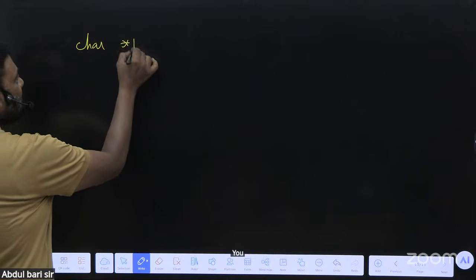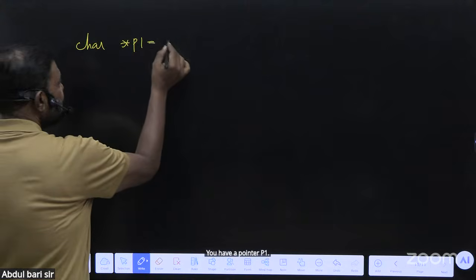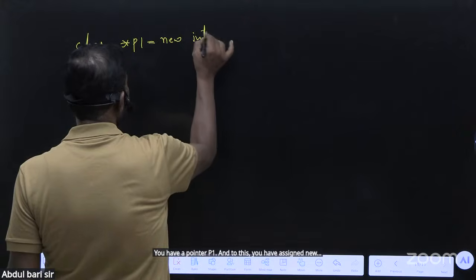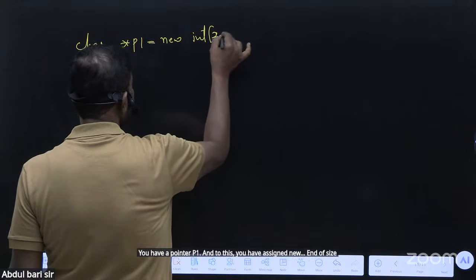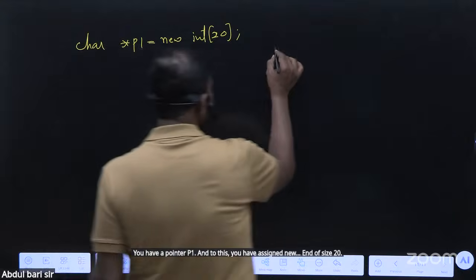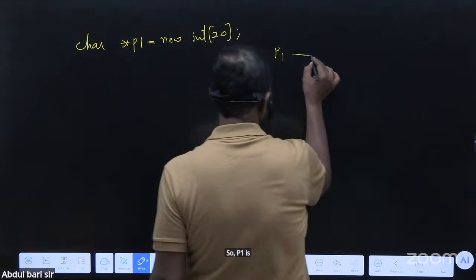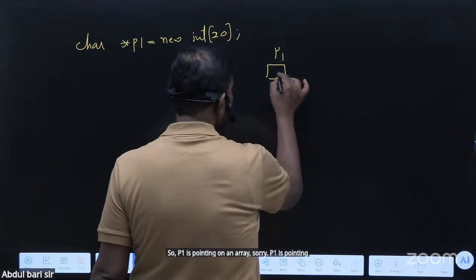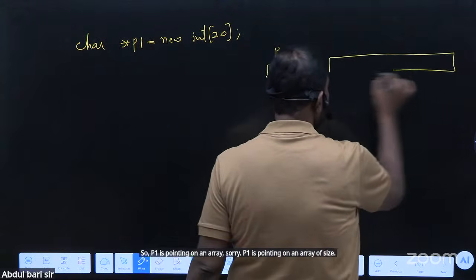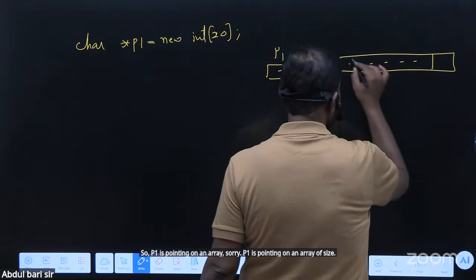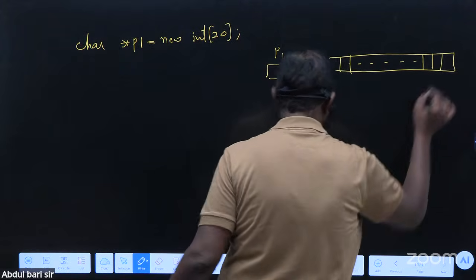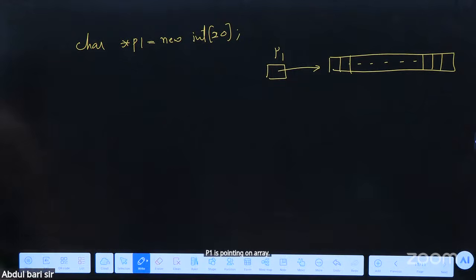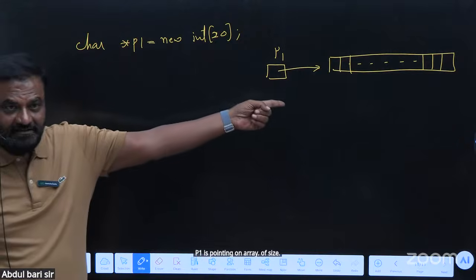You have a pointer p1, and to this you have assigned new int of size 20. So P1 is pointing to an array of size 20.